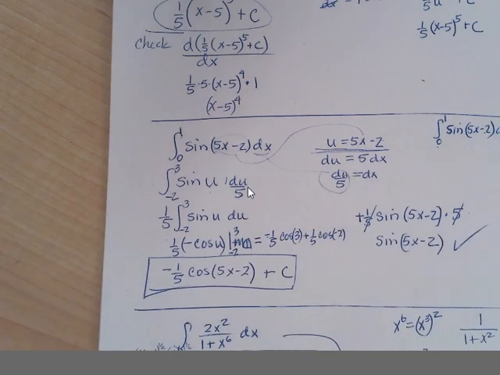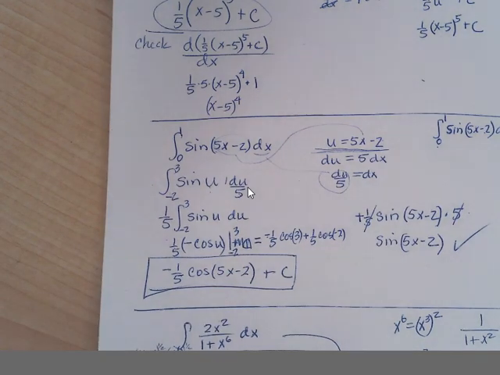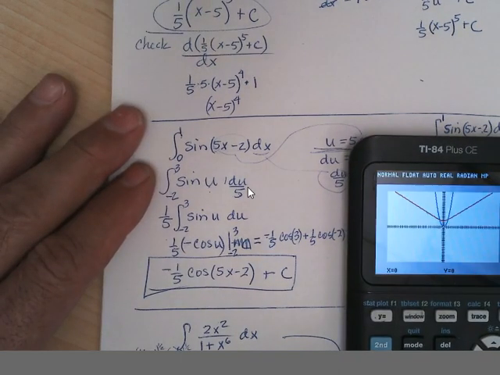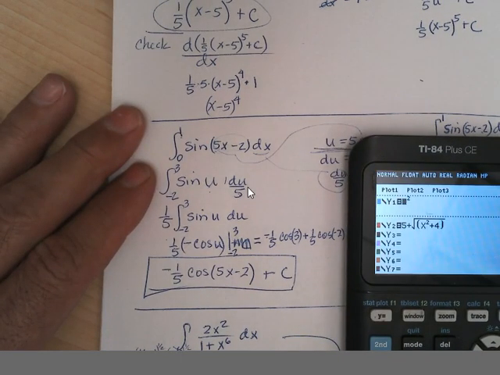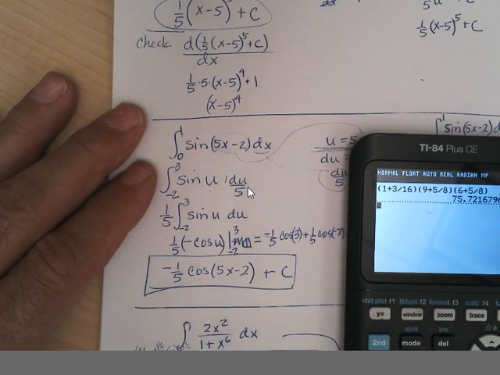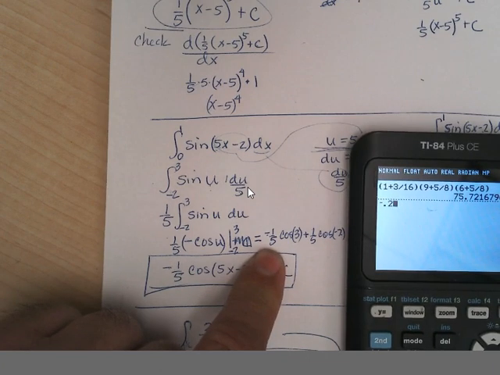Now I'm going to pull in the calculator here and figure out what that is in decimal. This would be an exact value, and if I asked for exact value, that's probably where you'd stop. But I'm going to bring out the calculator and figure out what that is. So I'm going to go on y equals, clear. I'm going to quit, type in negative 1/5. Negative 0.2, that's 1/5.